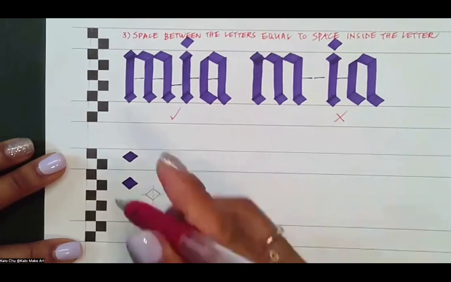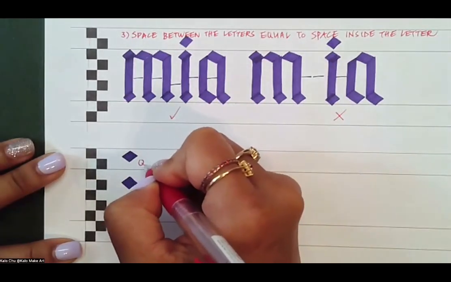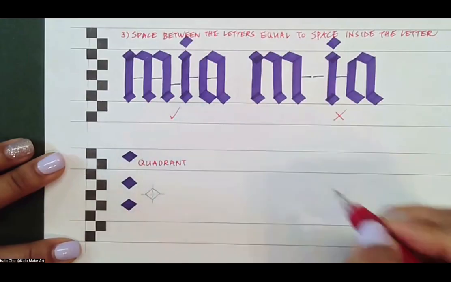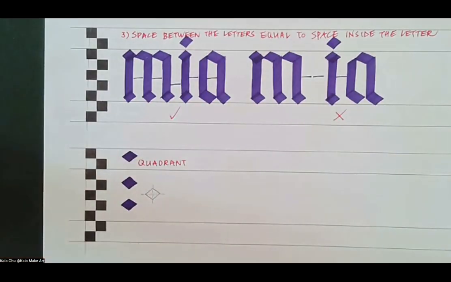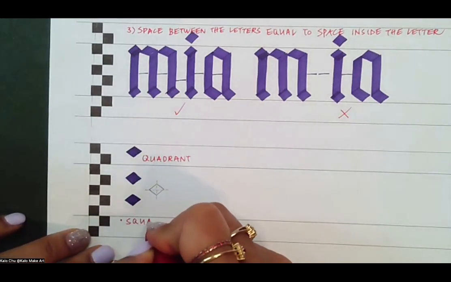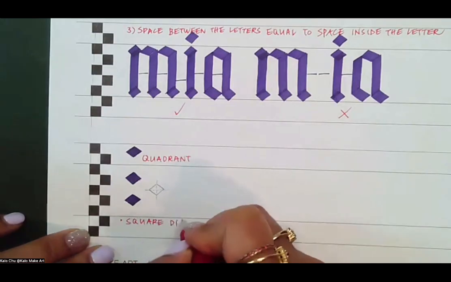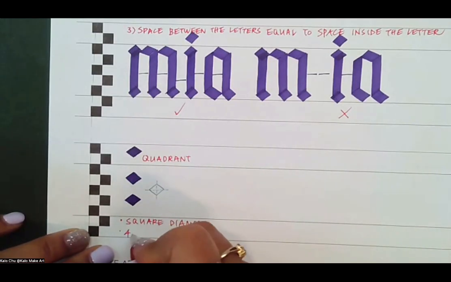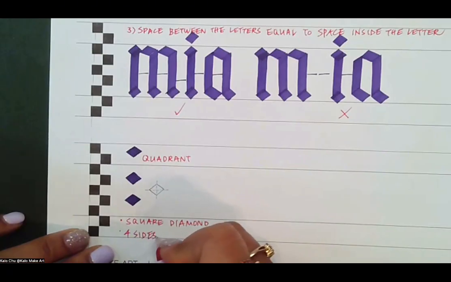Okay, so I'll give it a name, quadrant. So that's how the name comes from, right? Textura quadrata, so the quadrant. Now, the quadrant, you can describe it as a square diamond. And also, we mentioned that we want to make sure all four sides are equal.